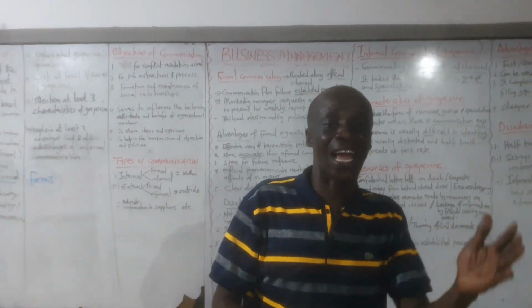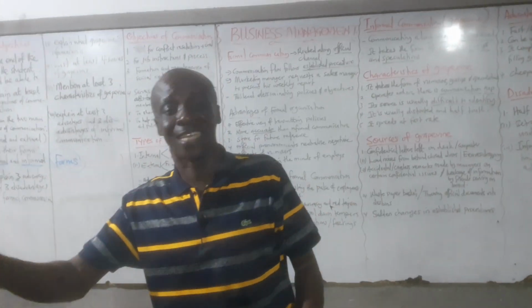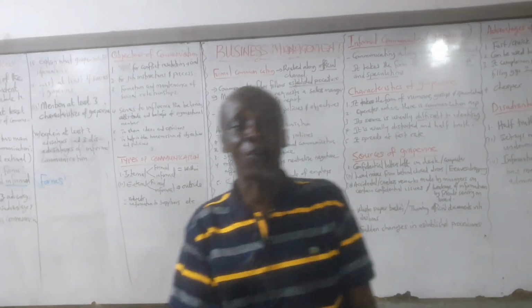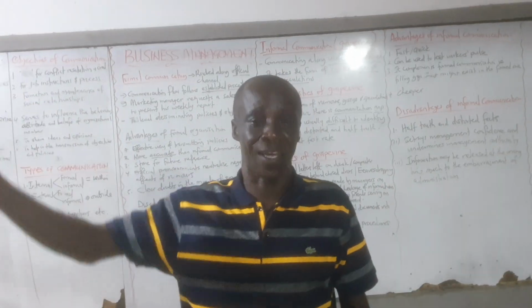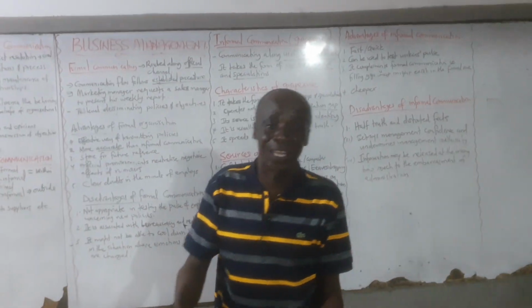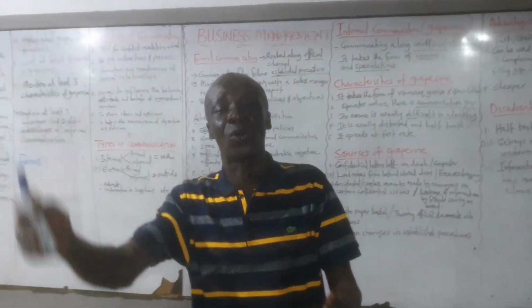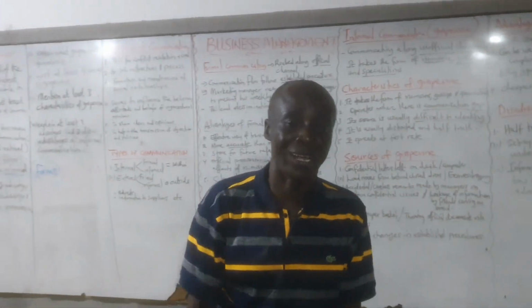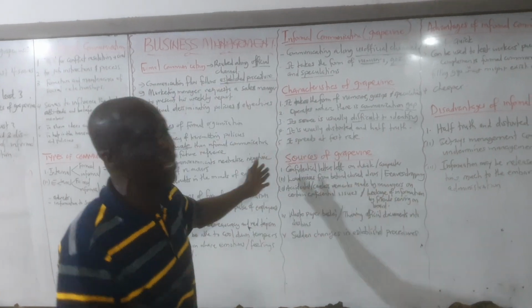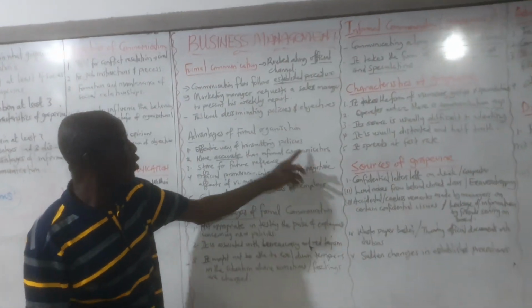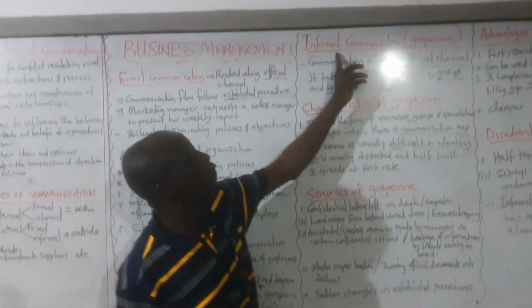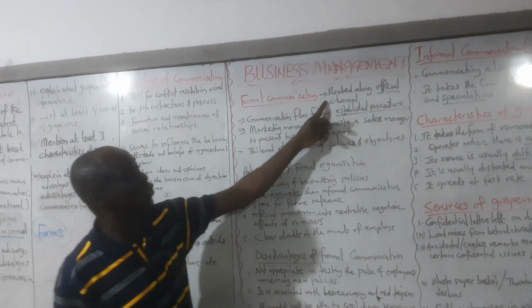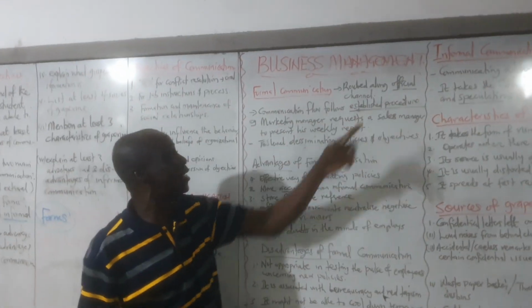If the head of department cannot solve it, it goes to the assistant head academic. And if it cannot be solved there, it goes to the headmaster. If the headmaster too cannot do it, it now goes maybe to the board of governors and so on and so forth. So that is what you call formal communication. It is routed along the official channel.